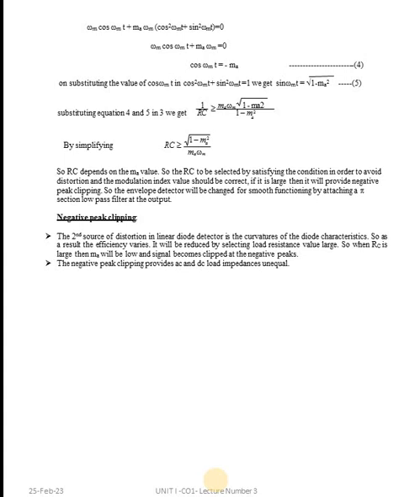So if RC is large, then the modulation index will be low and the signal becomes clipped at the negative peaks. So negative clipping makes the AC and DC load impedance unequal. To overcome this, we have to go for a proper way of choosing RC.